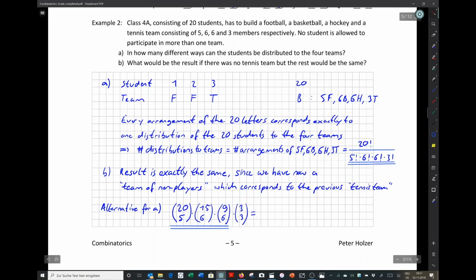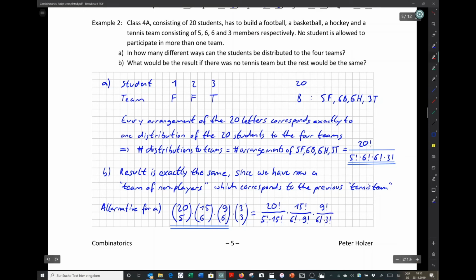Let us quickly prove that this is the same as the previous result. 20 choose 5 is 20 factorial divided by 5 factorial times 15 factorial, times 15 factorial divided by 6 factorial times 9 factorial, times 9 factorial divided by 6 factorial times 3 factorial.